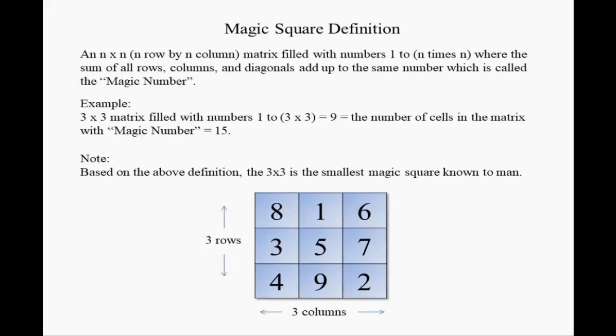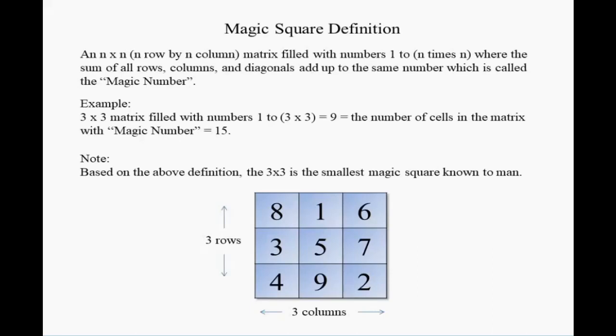As you know, a 3 by 3 matrix contains 3 times 3 or 9 cells. A 4 by 4 matrix contains 16 cells, a 5 by 5, 25 cells, and so on. By definition, each of the cells are filled with the numbers 1, 2, 3, 4, and so on, up to the number n times n.